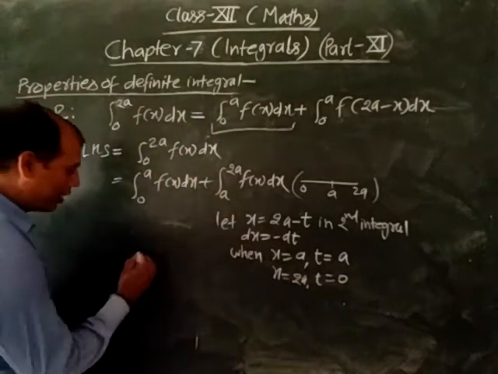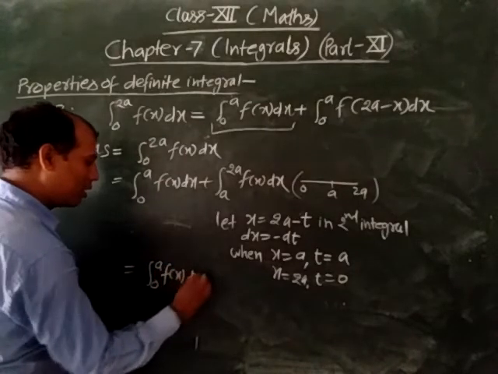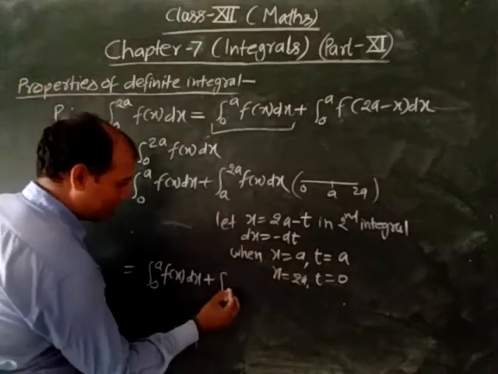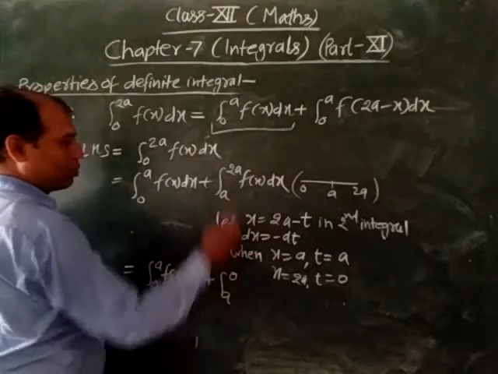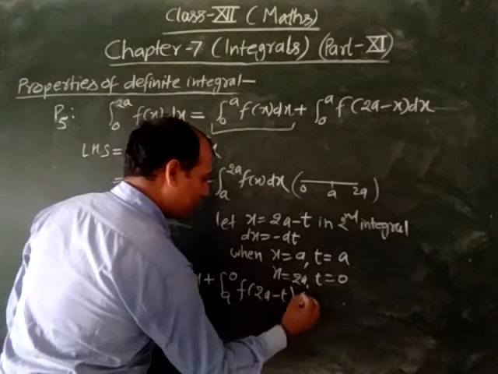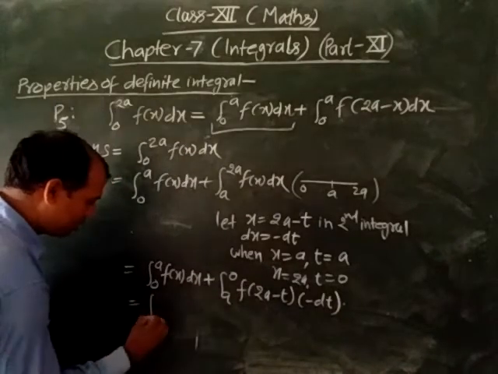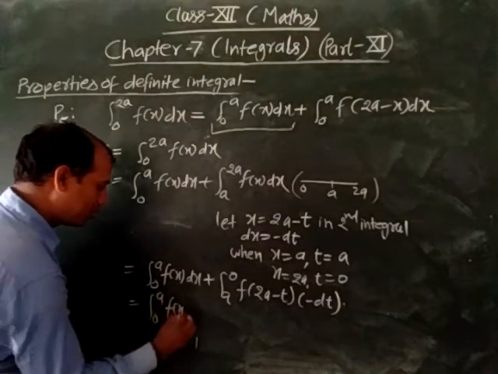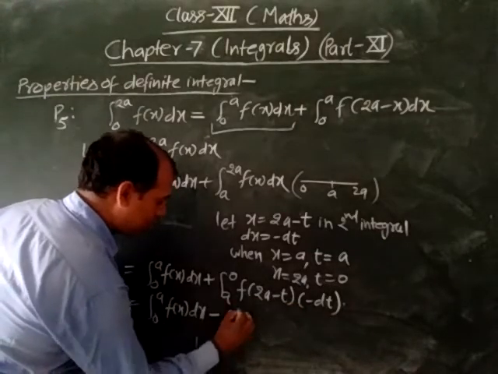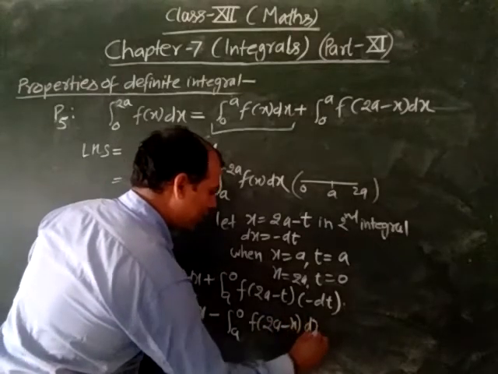So this can be written as integral from 0 to a of f(x) dx plus, at a we get a and this is 0, f(2a minus t) minus dt. Then this can be written as integral 0 to a of f(x) dx minus integral a to 0 of f(2a minus x) dx.